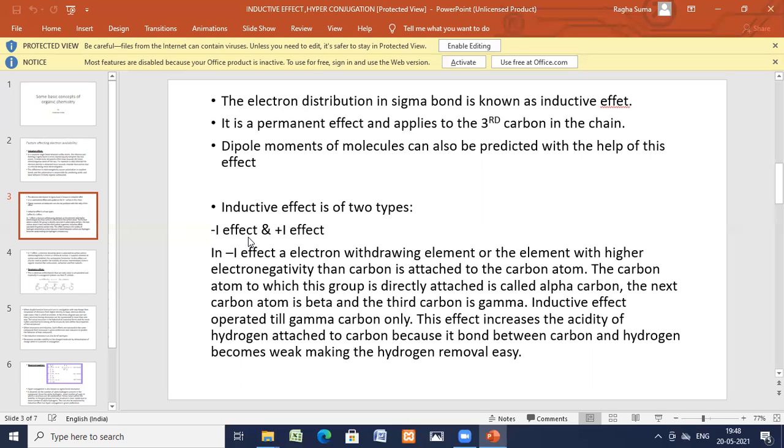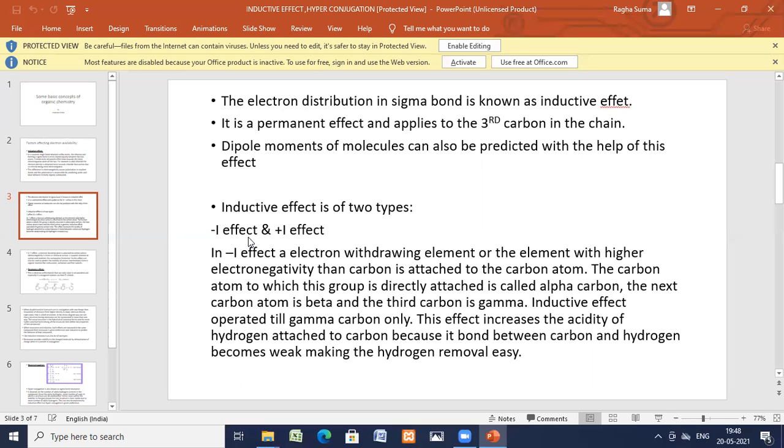In the cyanide you have nitrogen. In the acid group you have oxygens. So in the nitro group, nitrogen is of the 5th group. Oxygen is a 6th group element. And coming to the 7th group, fluoride, chloride, bromide, iodide are all 7th group elements. So 5th, 6th, 7th group elements are electronegative in nature.